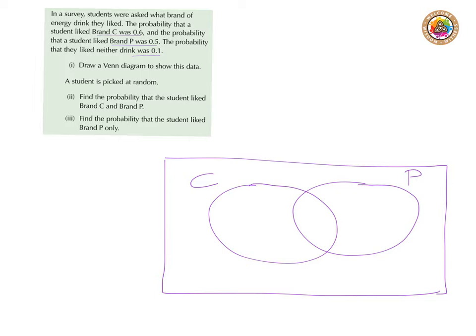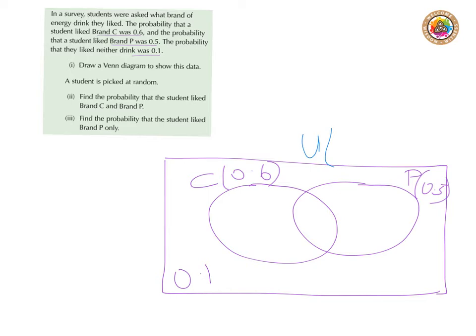Beside C, I know that the total for it is 0.6. And beside P, the total is 0.5. And that last piece of information says that neither drink, so that's out in outer space as we remember, is 0.1.